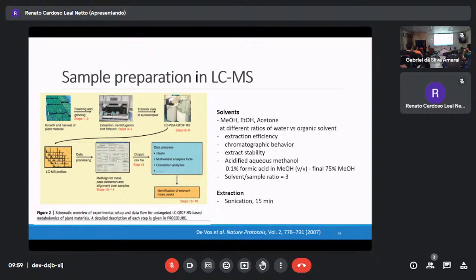So formic acid. Why are we using 0.1% formic acid? For ionization. But some people believe that formic acid is always used as a chromatographic fluid. In LCMS chromatography, we are using formic acid. 0.1% is a very universal solvent. But sometimes this 0.1% formic acid is not working very well.